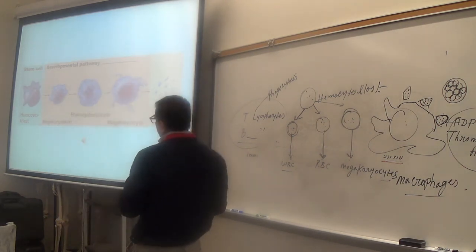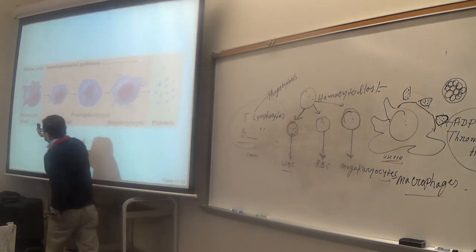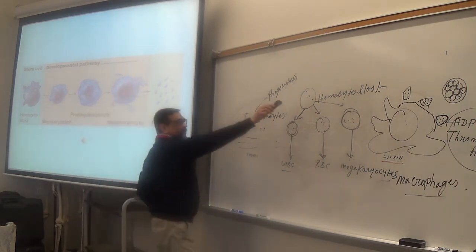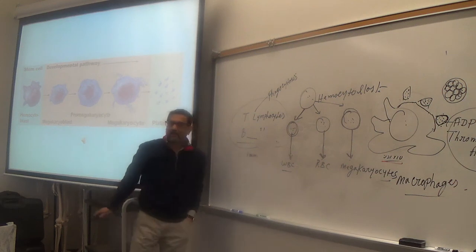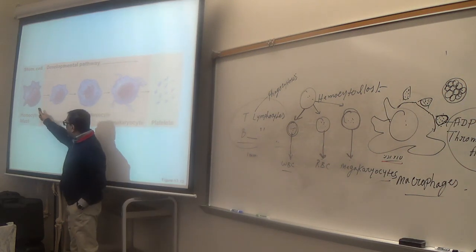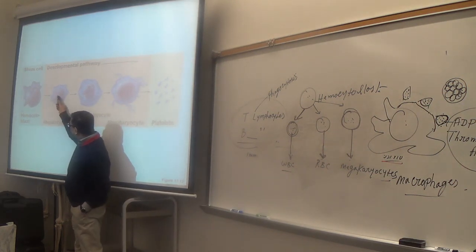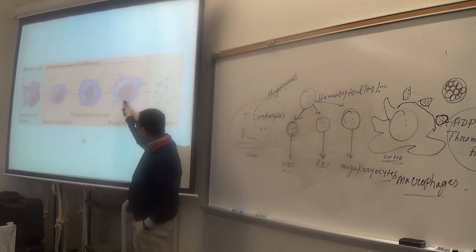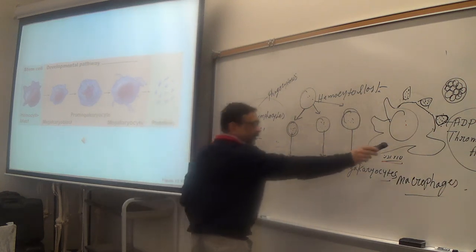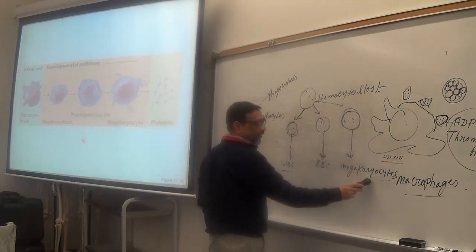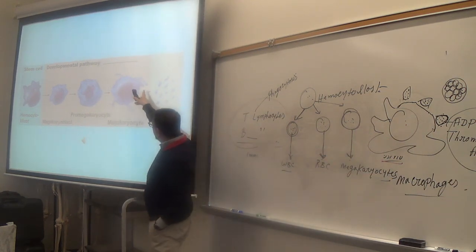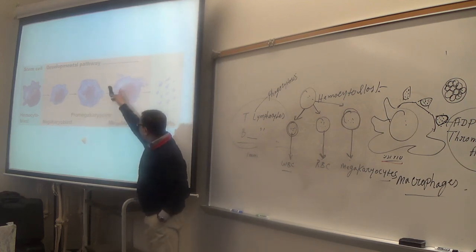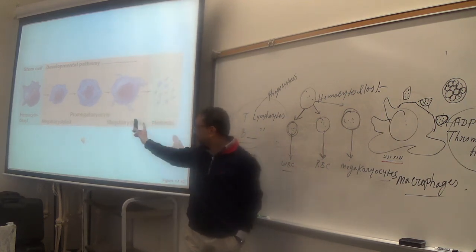Here you see that hemocytoblast is the stem cell, right? And that stem cell will produce the megakaryoblast, then promegakaryocyte, then megakaryocyte. So this is the megakaryocyte. I showed you the megakaryocyte, and from the wall, tiny pieces get separated to form the platelet.